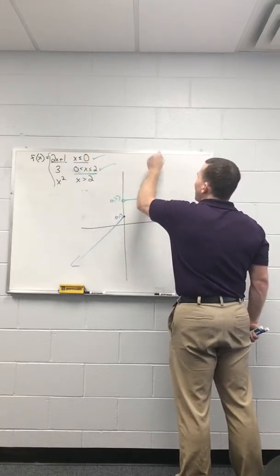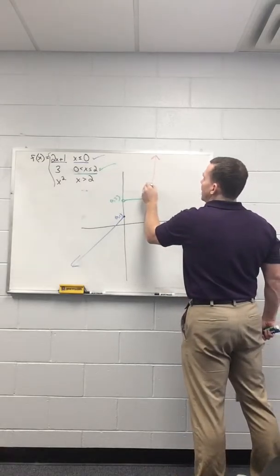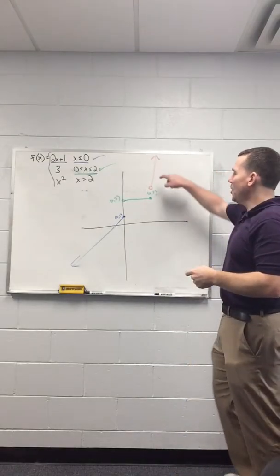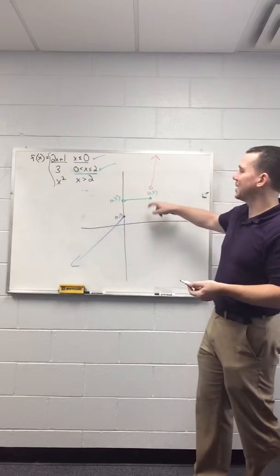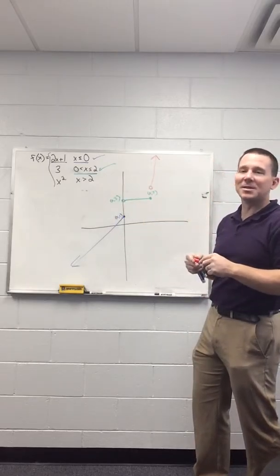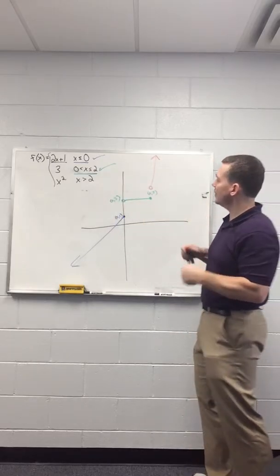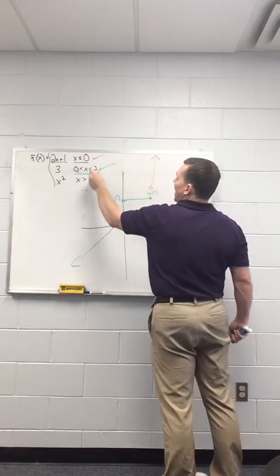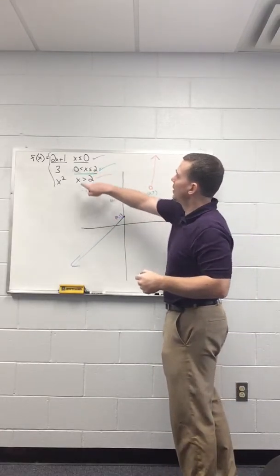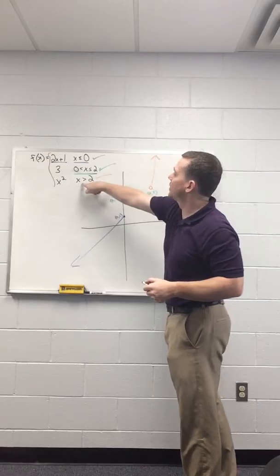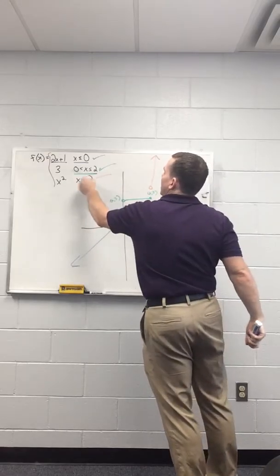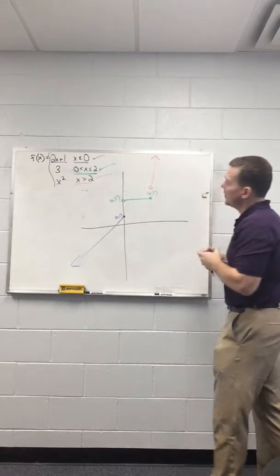And I'm going to continue the parabola for x greater than 2. And there we go. I would actually draw the parabola out and then erase the other stuff, but that's going to make this picture really messy and hard to see. But now, there's my parabola for x greater than 2. Open circle at 2, because it's only greater than 2. So that should be my graph.